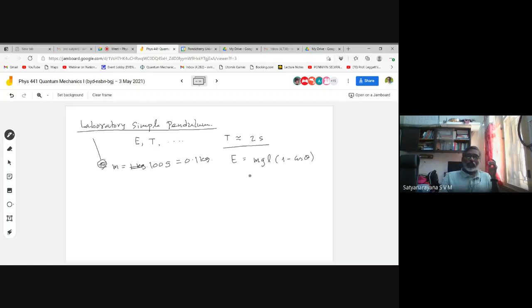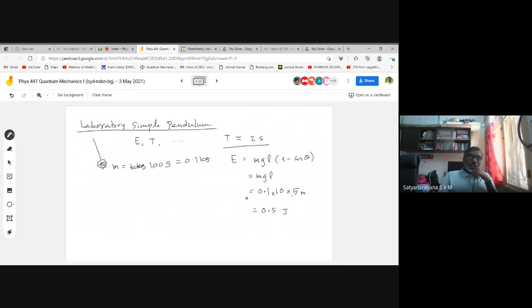Then cos theta becomes 0, so this simply will be mg into L. So that is equal to 0.1 kg, g is about 10, and then the length you can keep as 50 centimeters, or 0.5 meters. So this is basically equal to 0.5 joules. This is your potential energy.